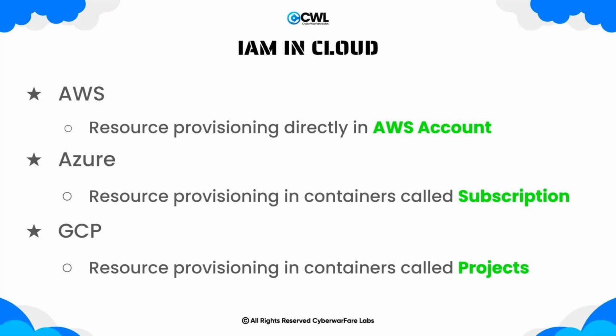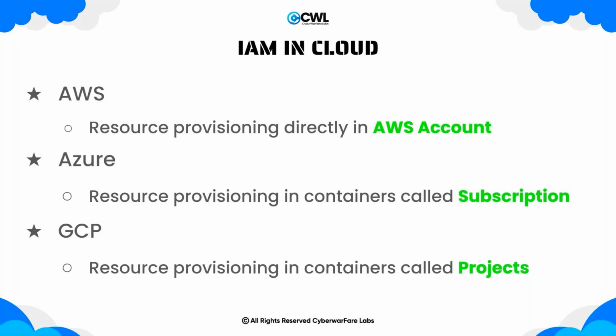Also, there is one thing. In the case of Azure and GCP, they manage role-based access control, whereas AWS is kind of the odd one out, where role-based access control has to be defined by the account owner. And in Azure and GCP, it's already built in terms of the subscription and project.